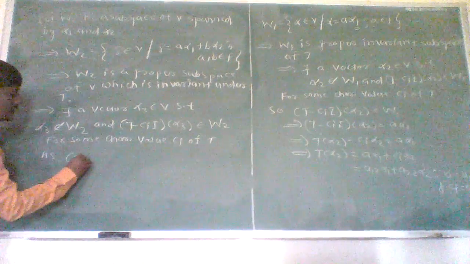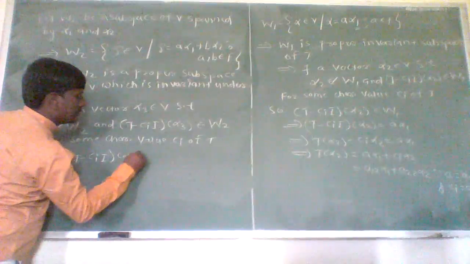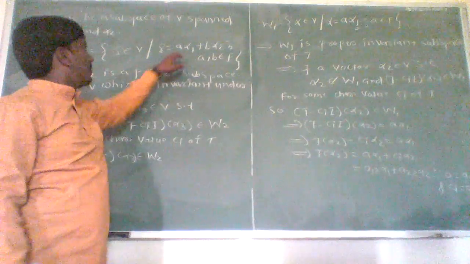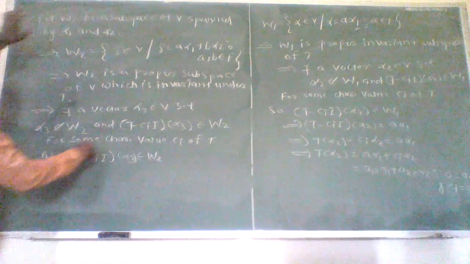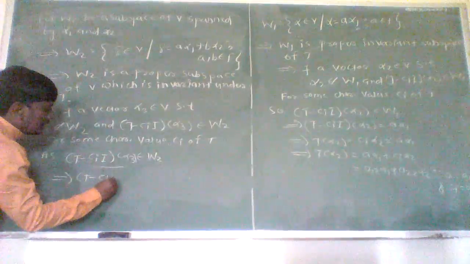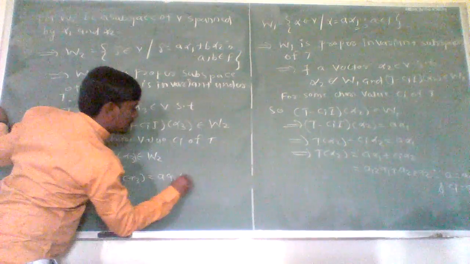Now as T minus Ci of alpha 3 is belonging to W2, and W2 contains the elements of the form A alpha 1 plus B alpha 2, therefore T minus Ci of alpha 3 is equal to A alpha 1 plus B alpha 2.